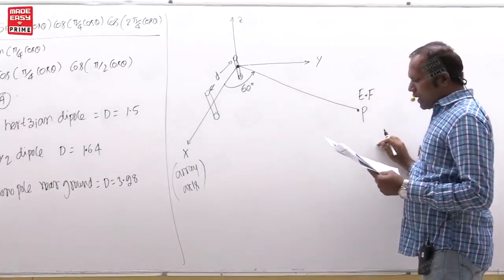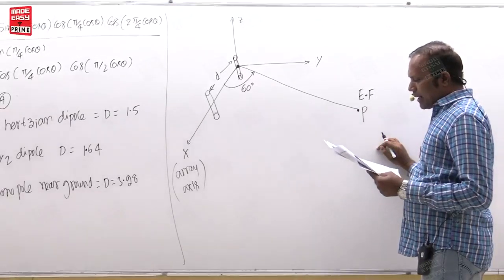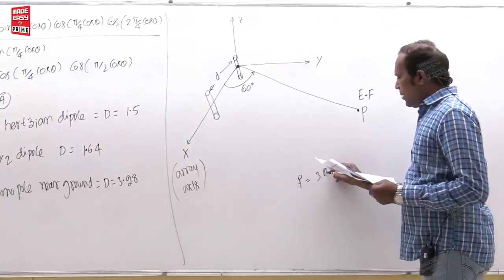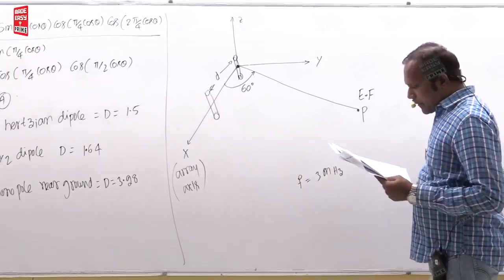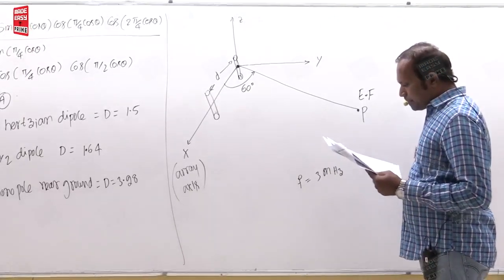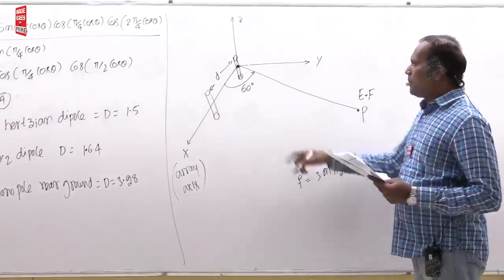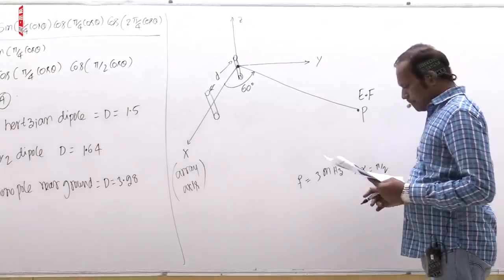Now two half wave dipole antennas placed as shown in the figure are excited with sinusoidally varying currents of frequency 3 megahertz, and phase shift of pi by 2 between them. That means phase shift of pi by 2 means alpha is pi by 2, right?